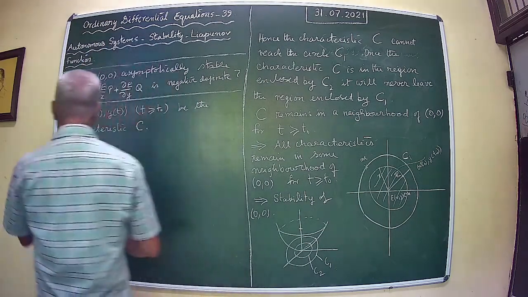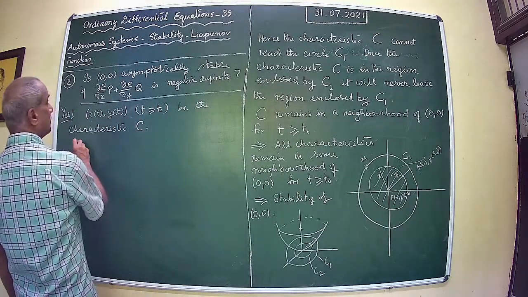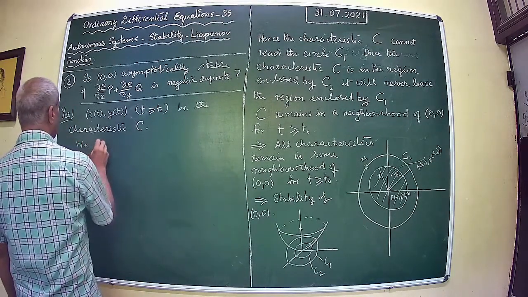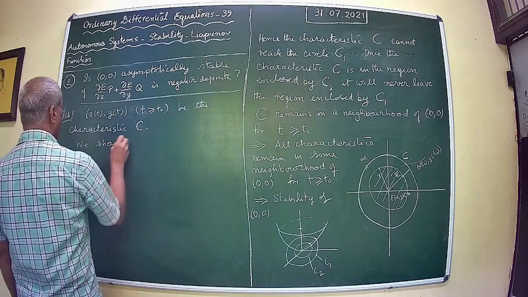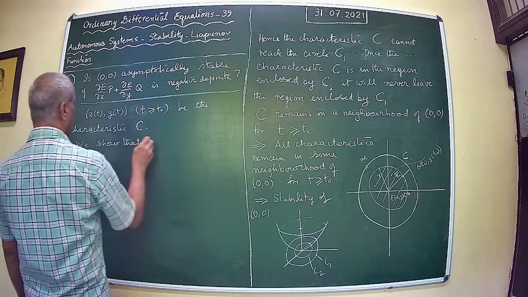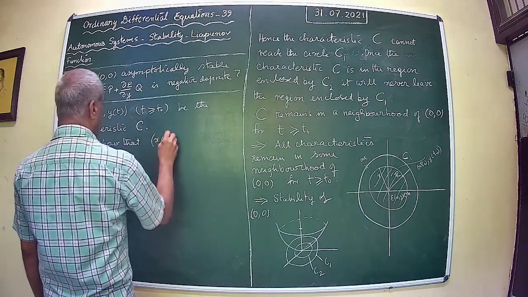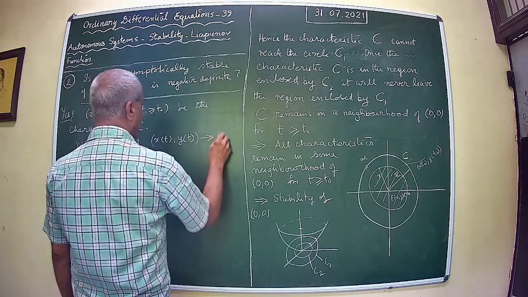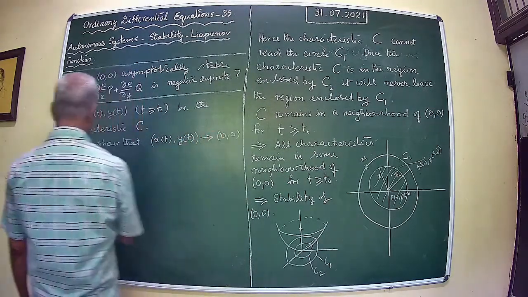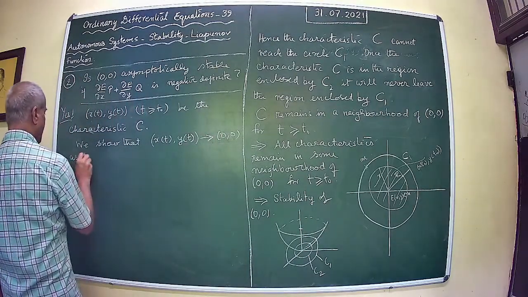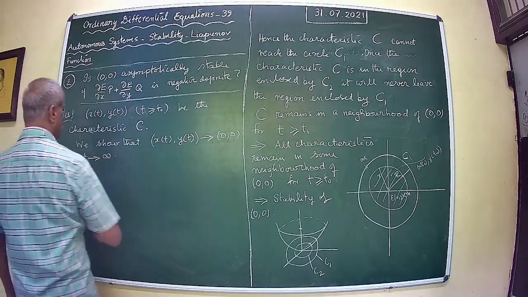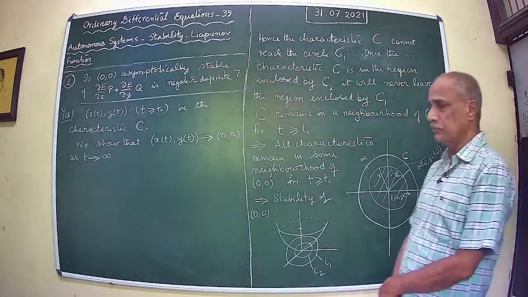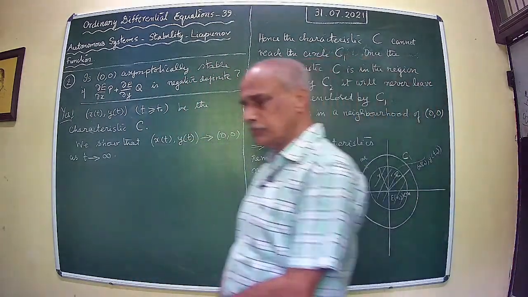So we want to prove that as t tends to infinity, it becomes asymptotically stable.